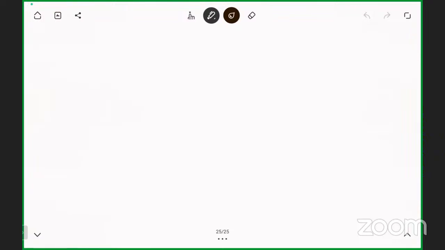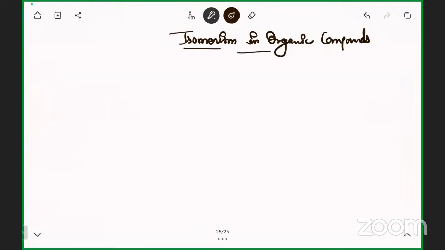Okay, what are isomers? I think you have learned that in the lower classes. No one knows what isomers are? They have the same formula but different structure.